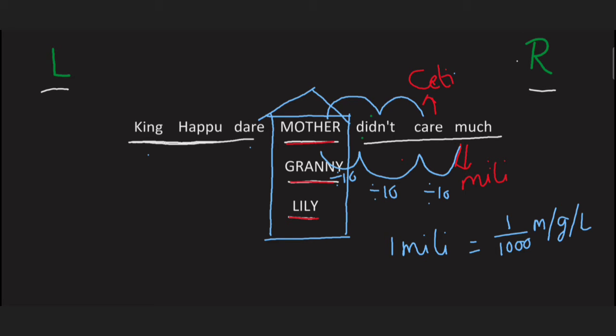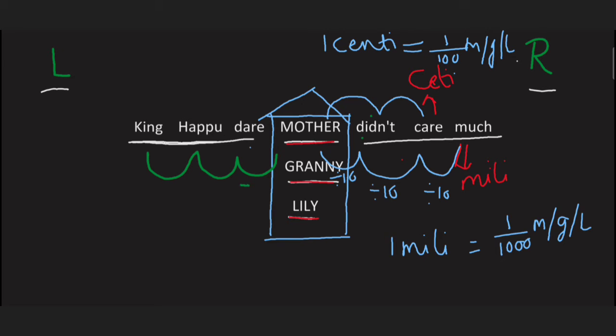That means 1 centi has to take 2 hops and go and meet mother, which is equal to 1 upon 100. We have to divide it by 100 meter, gram or liter. If the reverse happens, if mother, granny and Lily want to meet king, then it has to take 3 hops.